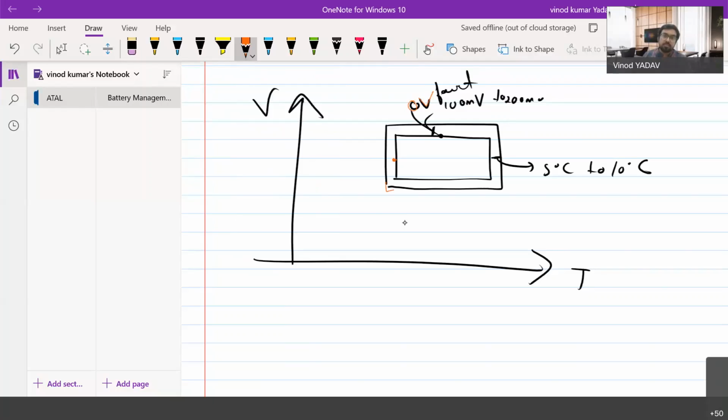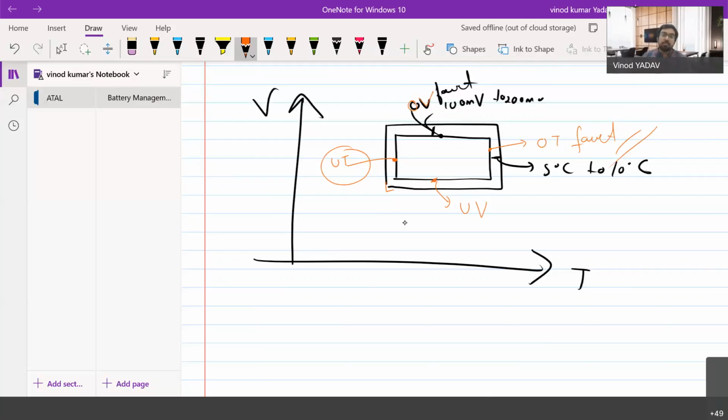If our working region reaches this range, it will generate a fault of under temperature, also described by UT. If the system reaches this threshold value, it will give the signal for under voltage, and here it will give the signal for the over temperature fault.